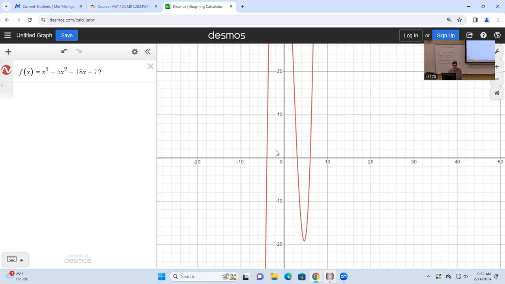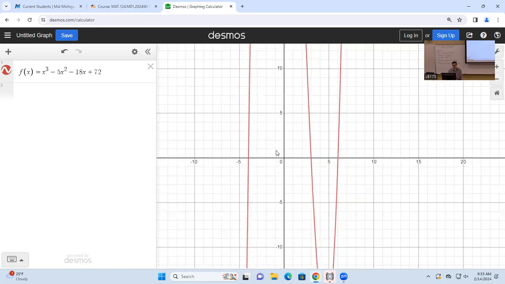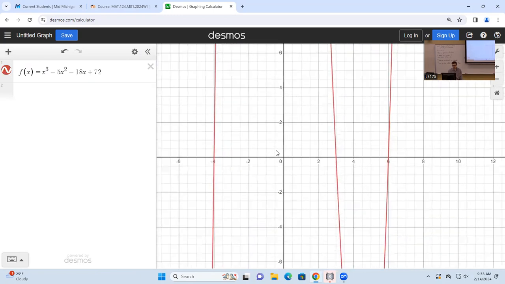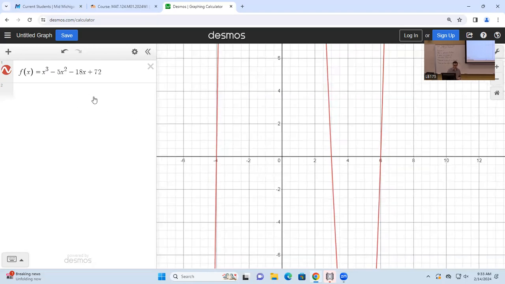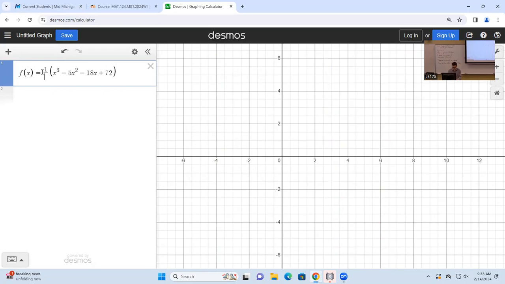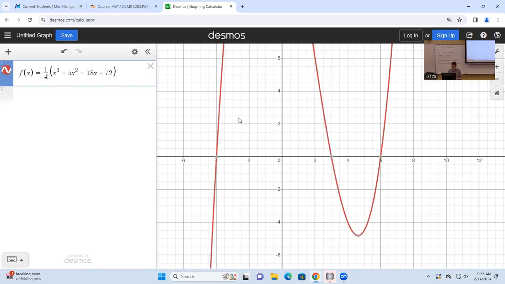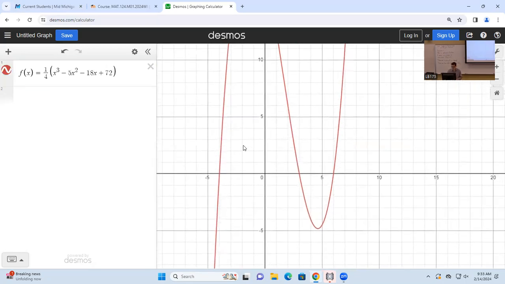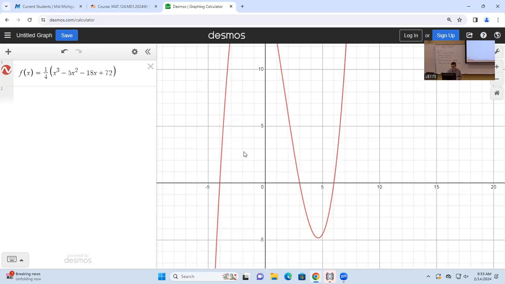Or what are the zeros of this function? And I give you this graph, let me put a number in front of this so it doesn't go off so high. Scroll out a little bit. There.